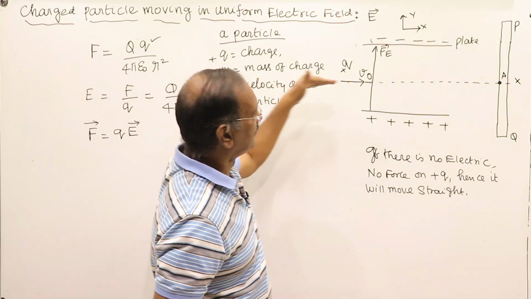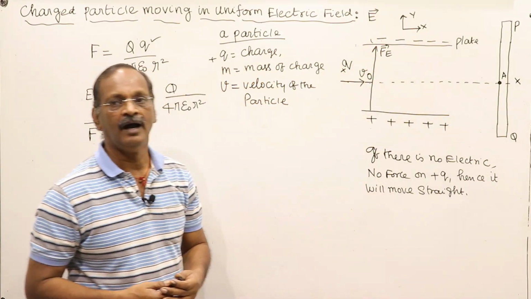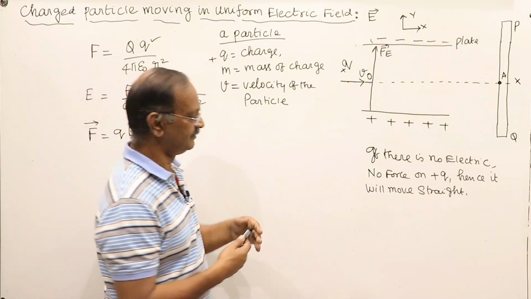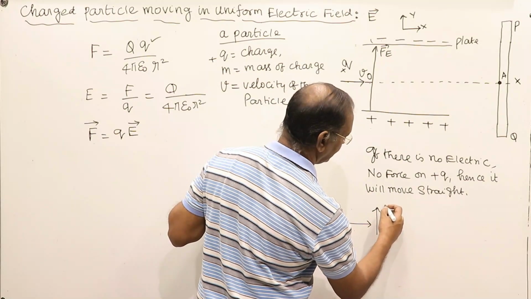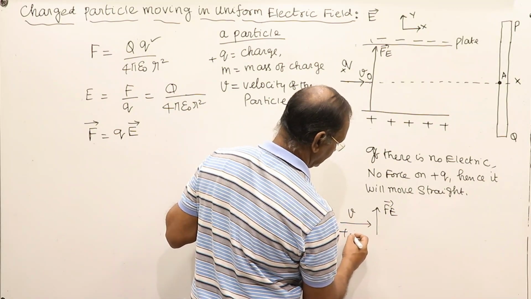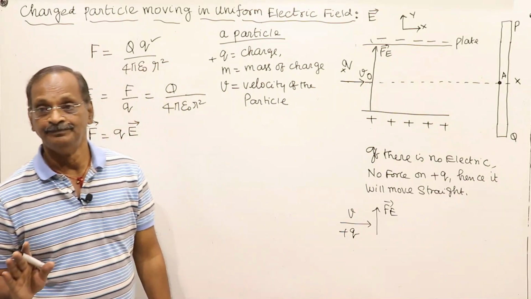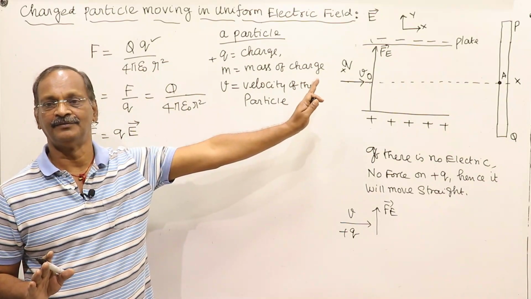Since the particle is moving this way and the electric force is acting this way, the positive charge will experience an upward deflection along the direction of the electric field.